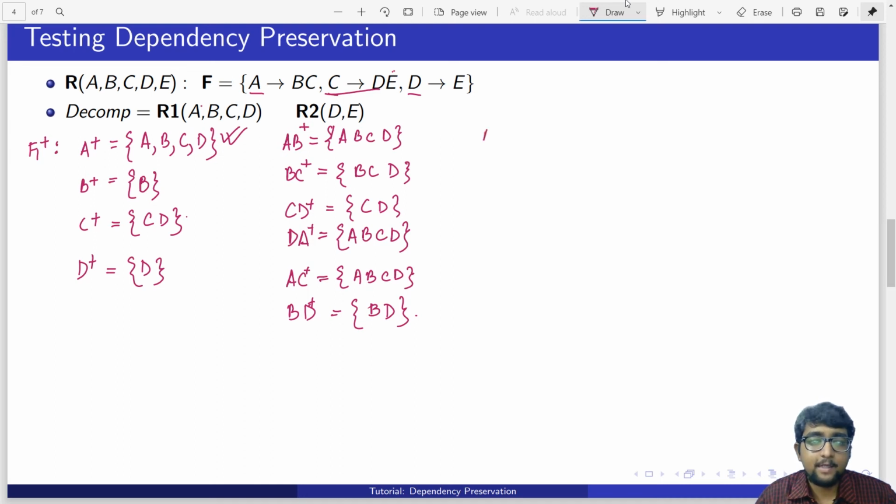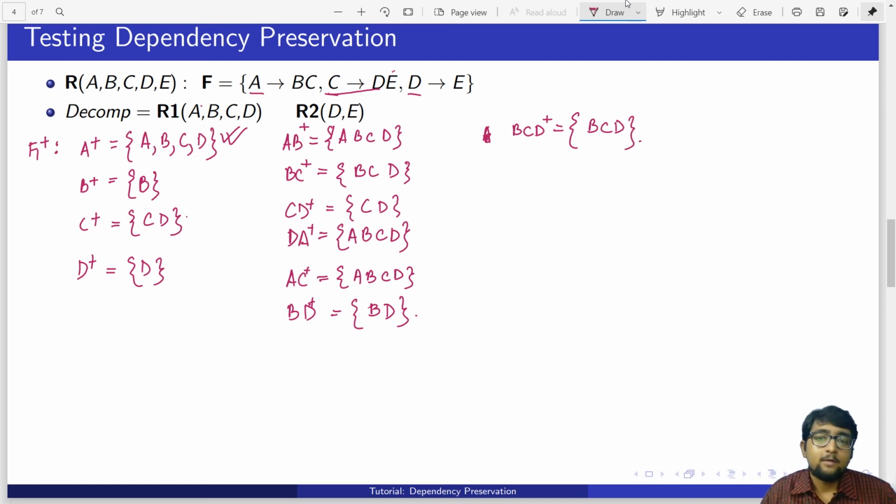That is, if you consider A, then all of them will be fetching ABCD. So we will not consider that, we will only consider the other three attributes which are there together, that is B, C and D. Mind it, if you would not have made this observation, then you would have to check all possible three sets also. So BCD plus will be BCD, correct?